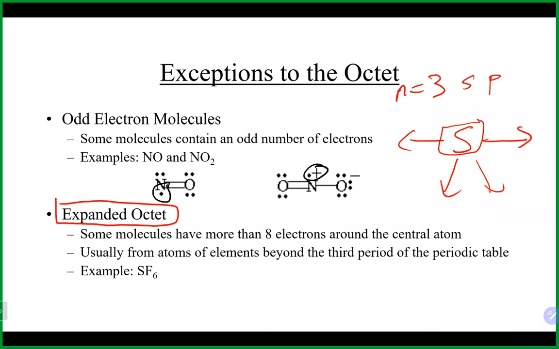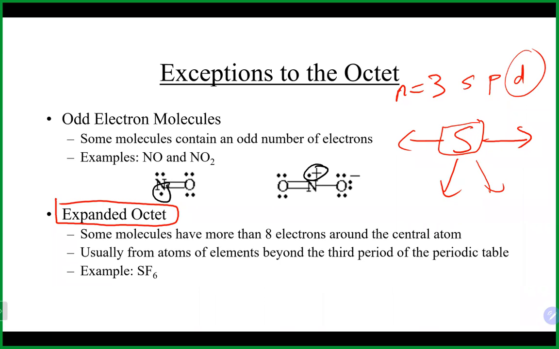D. That is the level where d orbitals are found. Because they have the d orbitals available to them, even though they may not be using them, they have a place for extra electrons. So sulfur and anything left, right, and down that's a non-metal can technically go above 8.